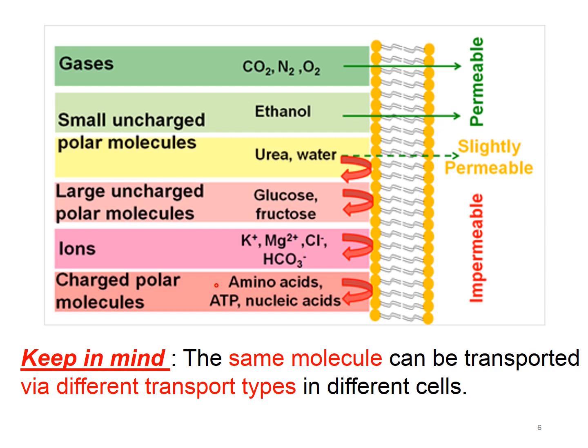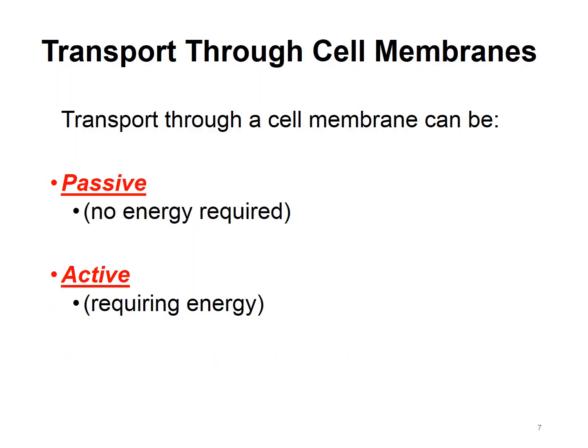We need to keep in mind that the same molecule, for example glucose, can be transported via different transporters, in different ways in different cells, depending on the cell type and the environment around the cell. Transport can occur by two main mechanisms.